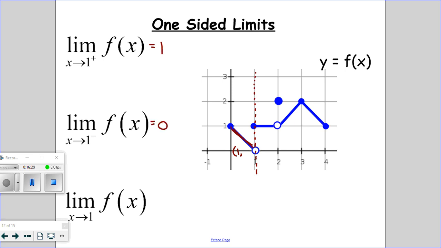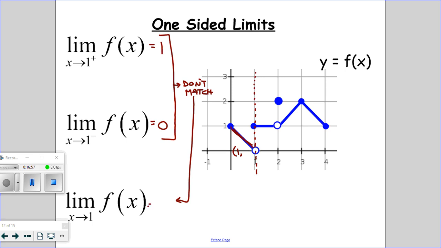Now, the last one is your generic limit. Your generic limit is going to be completely based on the answers to the two that we just did above. These two right now do not match. If they don't match, you do not have a limit at that number, a generic limit.